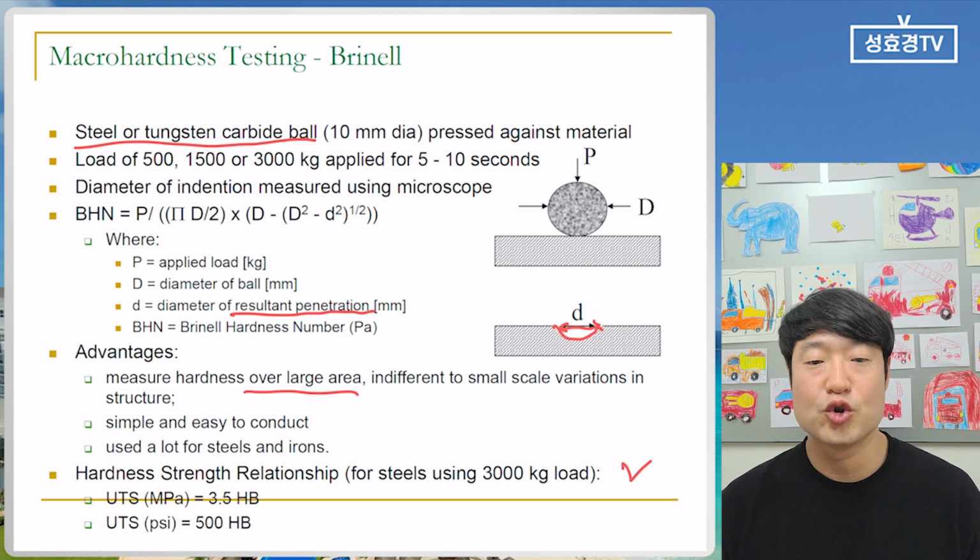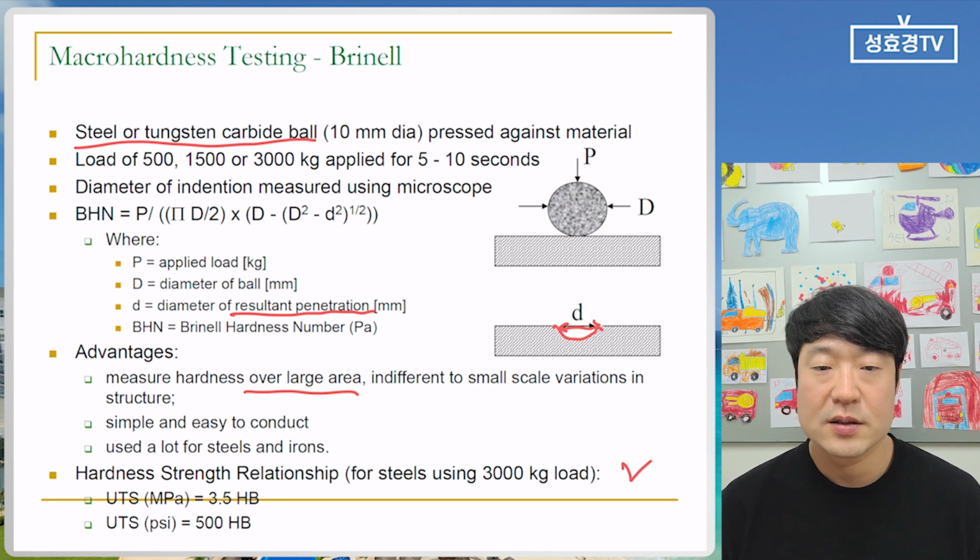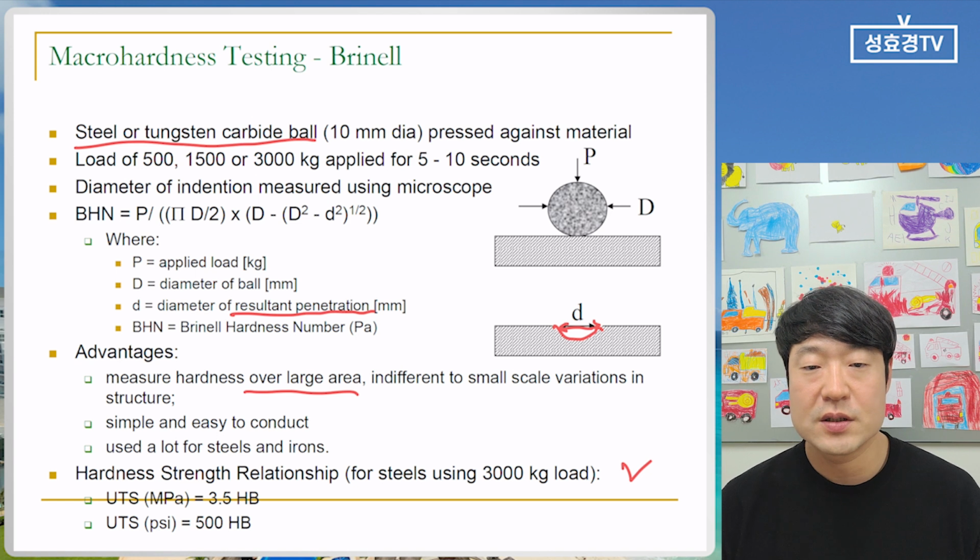So maybe we can assume that if there is a high hardness, it is related to high strength, but we cannot get some equations, because the hardness is only the surface condition, and also it is a very small size.